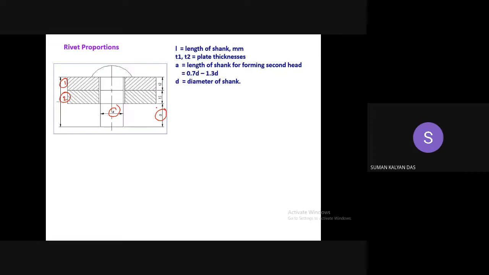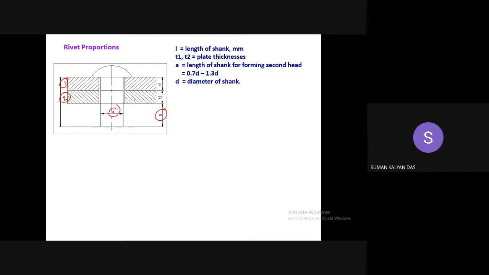So as I told, everything is fine. Only one thing to notice, that A has an empirical relation with D. I had discussed in the last class that this A should be of some optimal value. It should not be very high or very low. If it is very high, it may be difficult to totally make it into a hemispherical shape and jam this side.